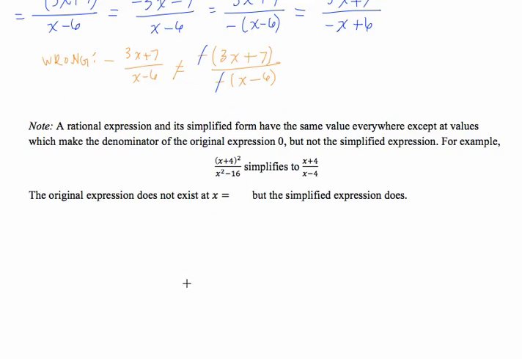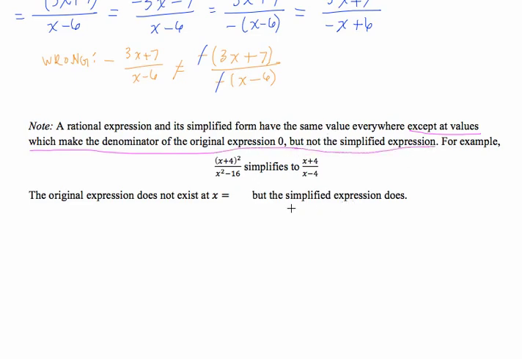All right, and one last thing to notice here is that rational expressions and their simplified form are slightly different. They're the same everywhere except at values which make the denominator of the original expression 0, but not the simplified expression.